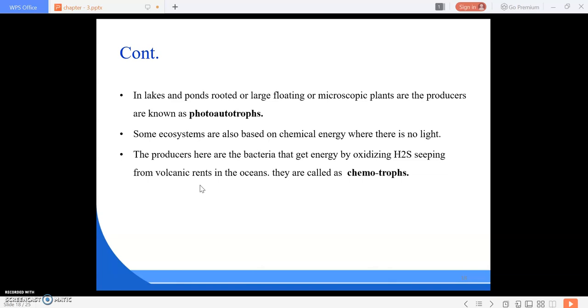They are called chemotrophs. So without light they create food, and the producers here are the bacteria which oxidize H2S seeping from volcanic vents in the ocean. So these are also called our chemotrophs.